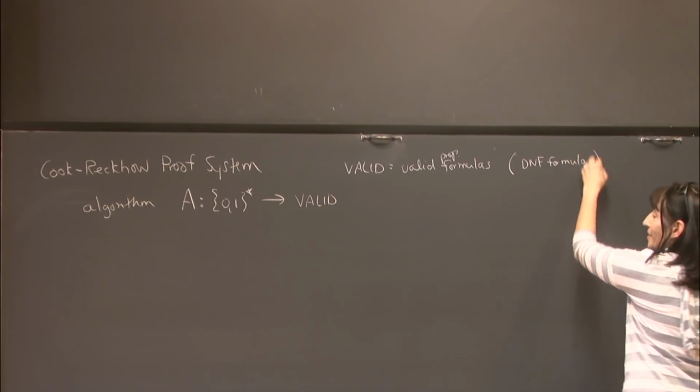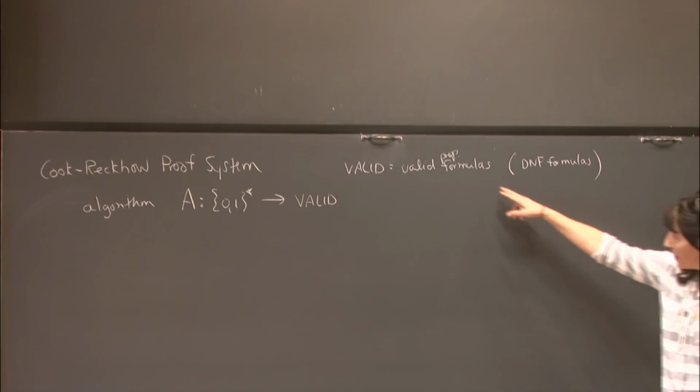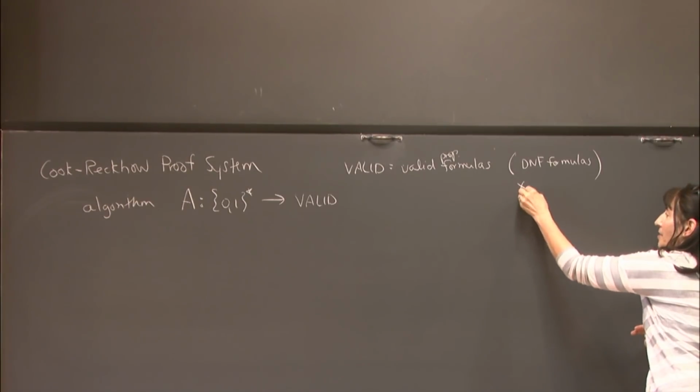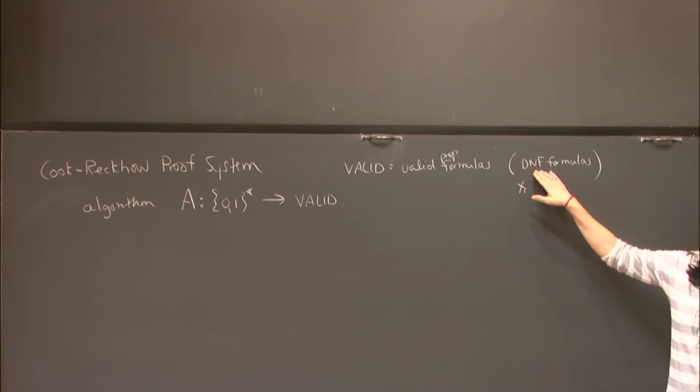If you have any questions, I'm going too fast, too slow, just interrupt me. Okay? So you can assume that these are just DNF formulas, disjunctive normal form formulas, over variables x1 through xn. There's an easy reduction to go from an arbitrary valid formula to an equivalent one that's in this form. Okay.